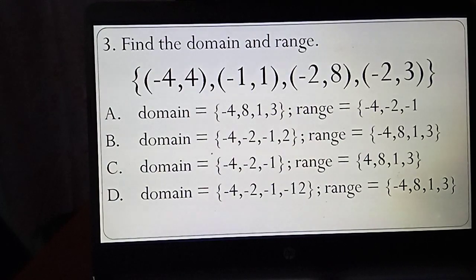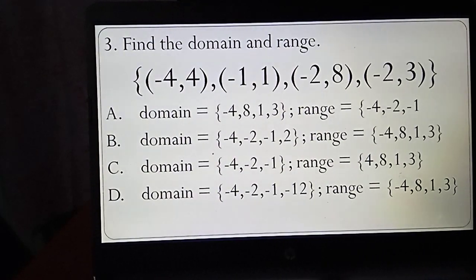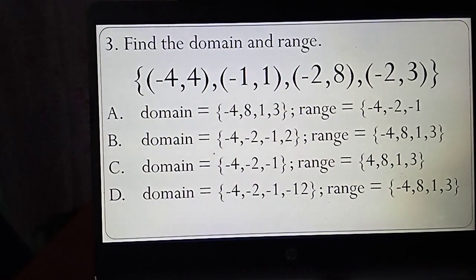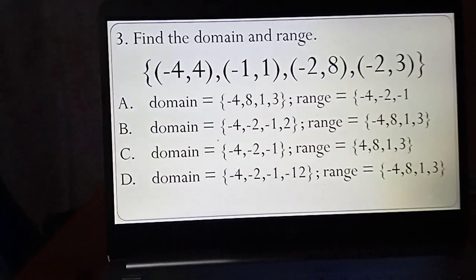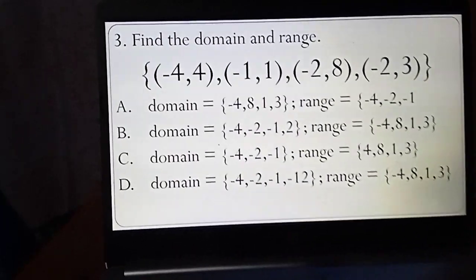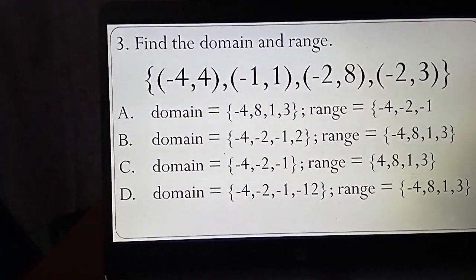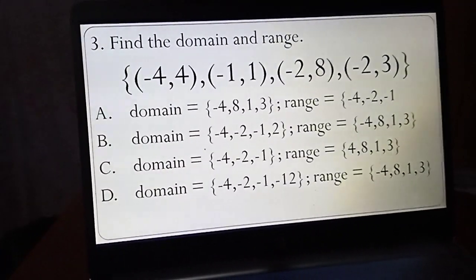For number 3, find the domain and range of the ordered pairs. Okay. The domain are the first elements of the ordered pairs. So that is -4, -1, -2, and -2 repeated.